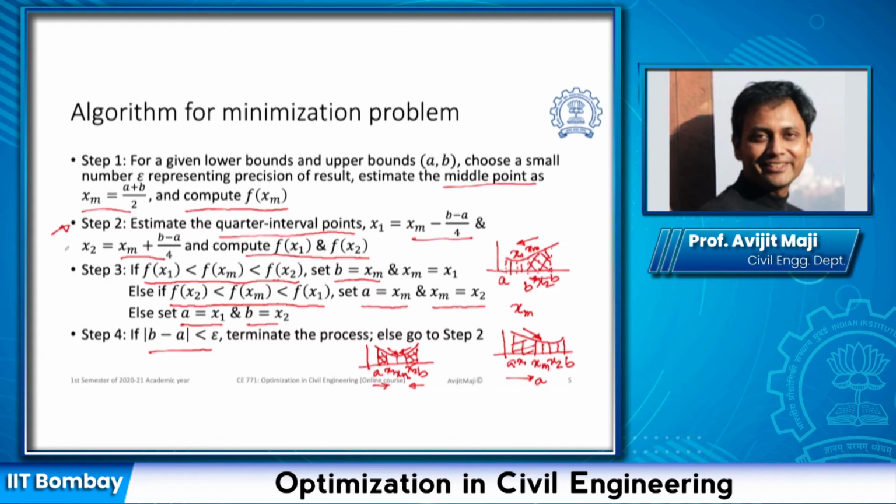In this process we are again finding the new 2 points, x1 and x2, for the revised boundary, and we continue until we meet the termination criteria. So let us look into this algorithm through an example.